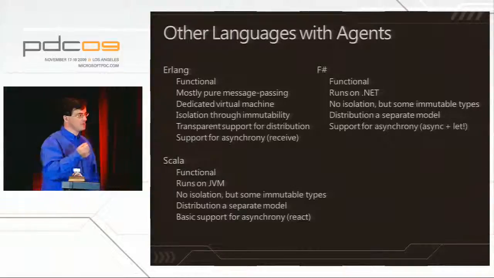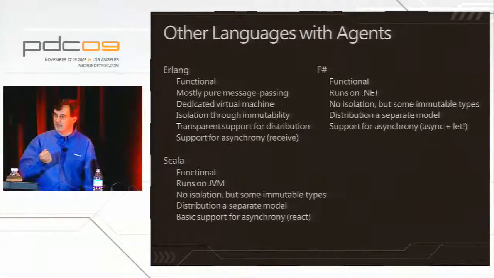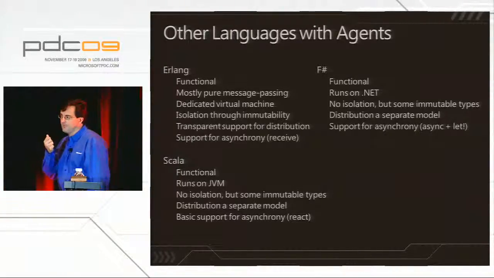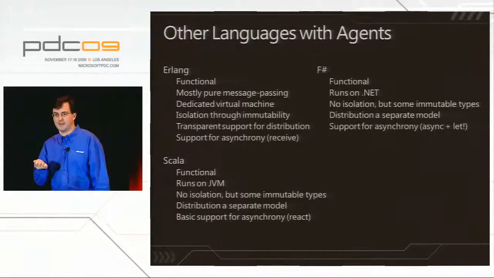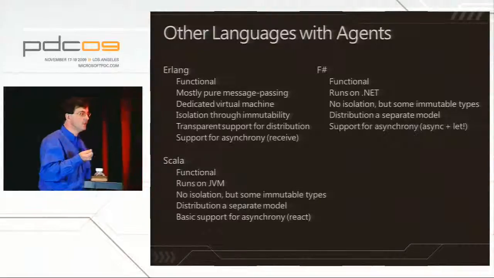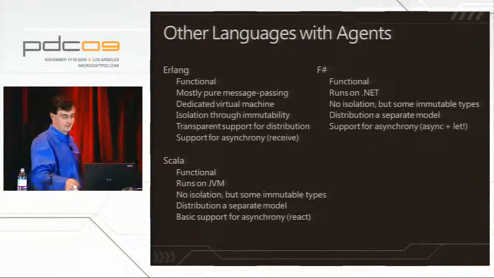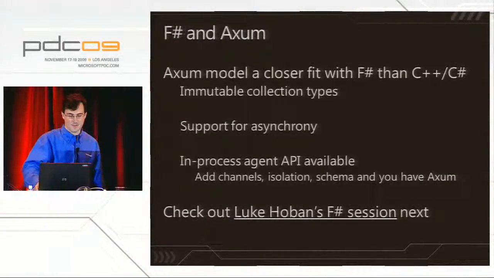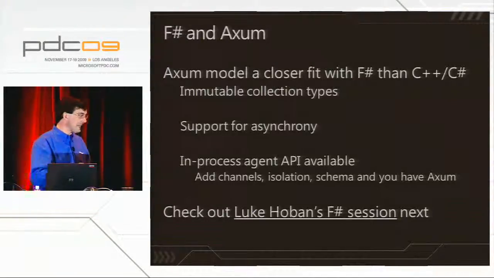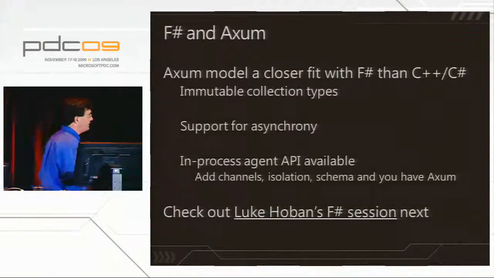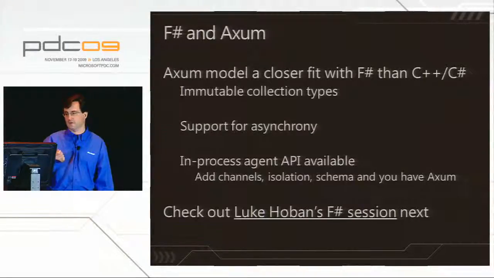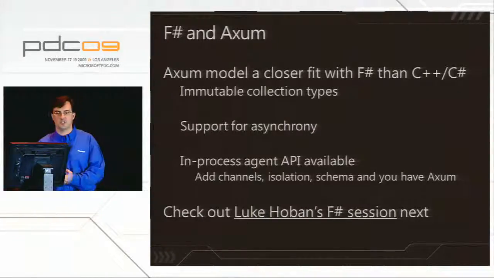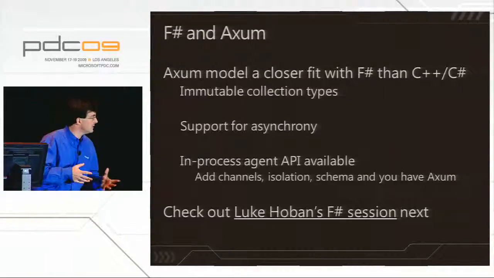So it's not really just the syntax, but the idea of starting with a mostly imperative model and winding up with agents might not be the right solution. Maybe functional programming languages are closer to our model than not. And in fact, that's my conclusion, that the Axum model is a closer fit to F# than to C++ or C#, at least in their current incarnations.